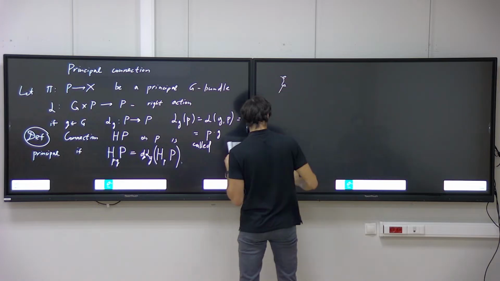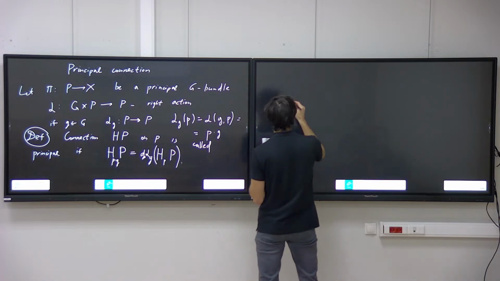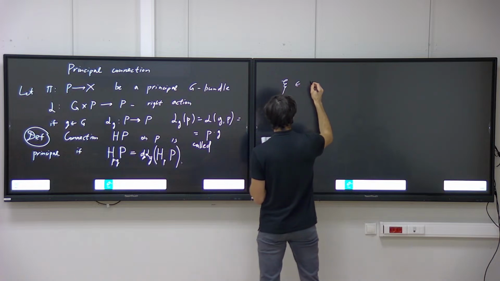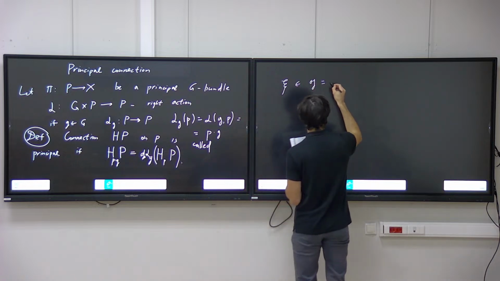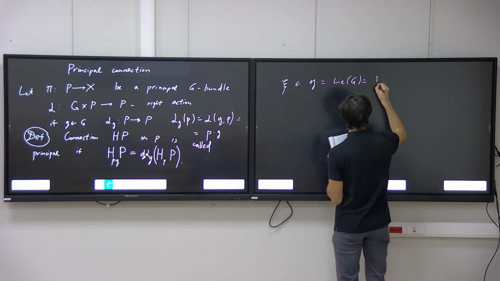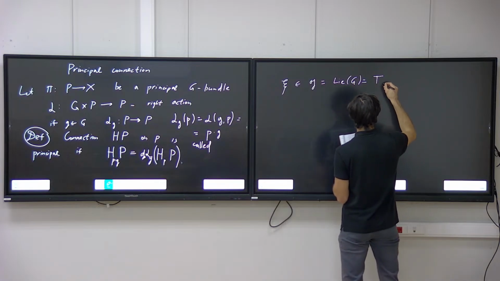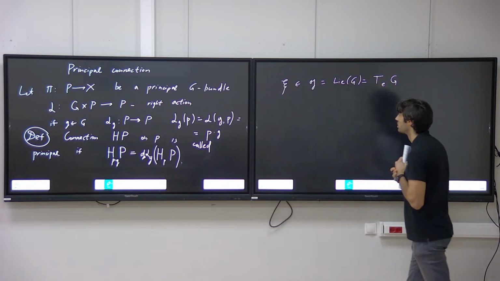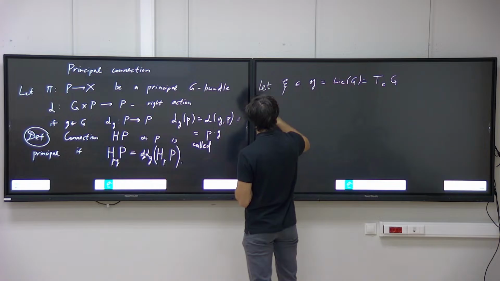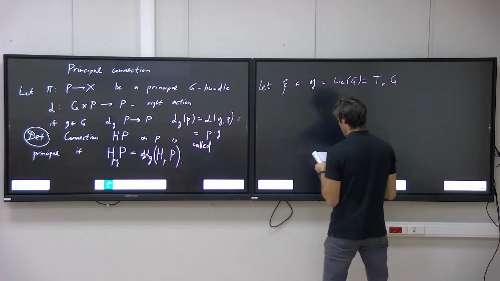So, sorry, an element xi inside g, the Lie algebra of the Lie group G, which, remember, is the tangent space at identity of G. So let xi be an element of the Lie algebra.